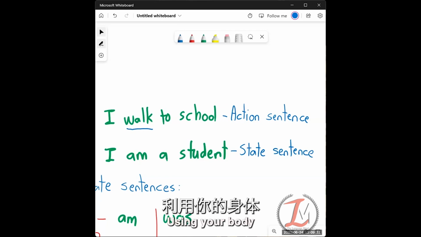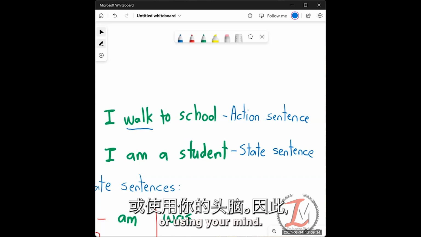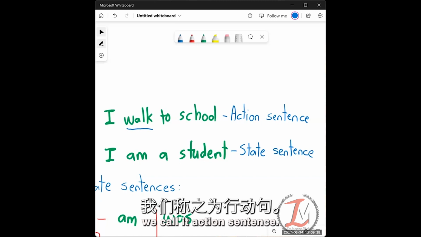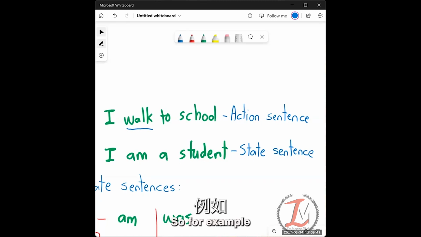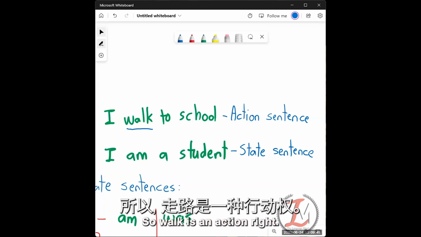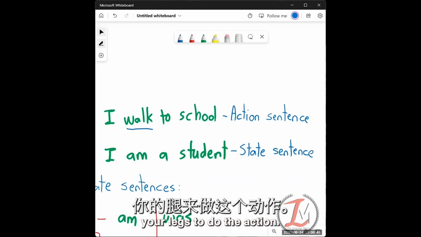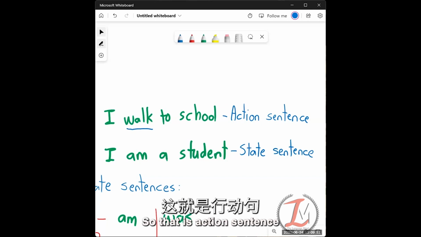Okay, using your body or using your mind. Any action like that, we call it action sentence. For example, the first one, obviously there is an action. I walk to school. So walk is an action, right? You use your body, your legs to do the action. So that is action sentence.